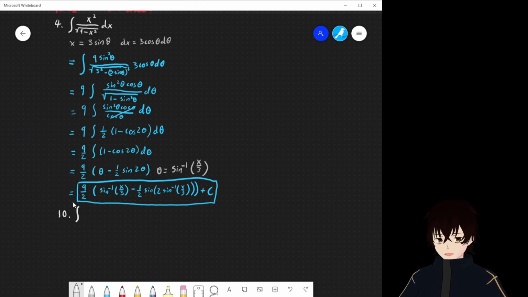Well, the integral from 0 to 2 over 3 of the square root of 4 minus 9x squared dx. So that's still the sine substitution.